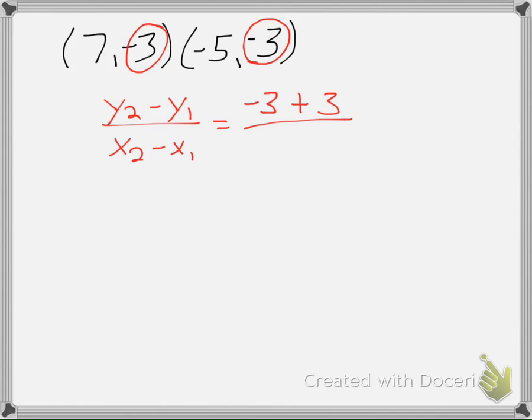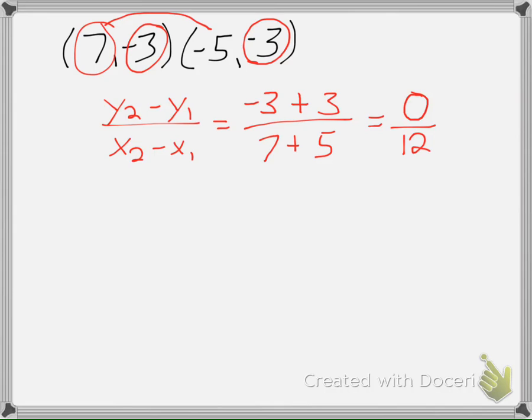On the bottom, I have 7 minus negative 5, or 7 plus 5 if we want to make it a little easier to look at. So, negative 3 plus 3 gives us 0. And 7 plus 5 gives us 12.